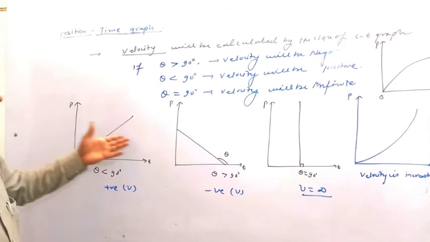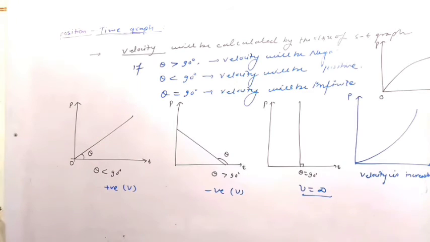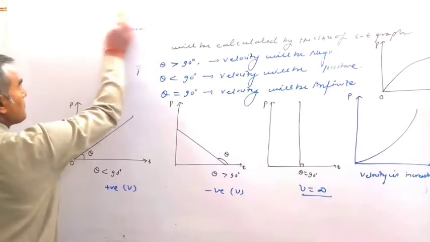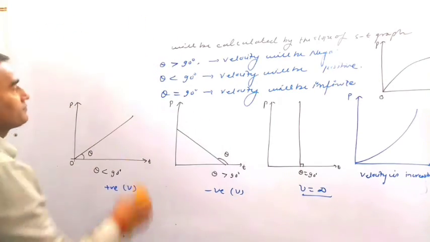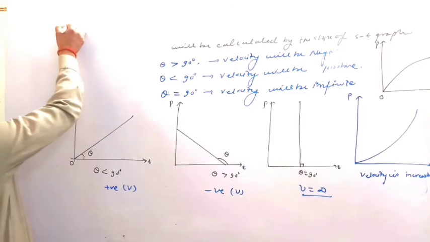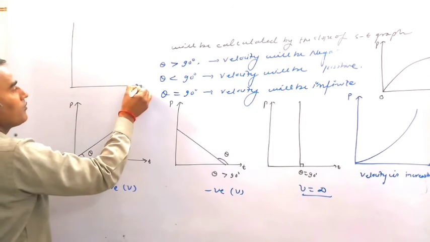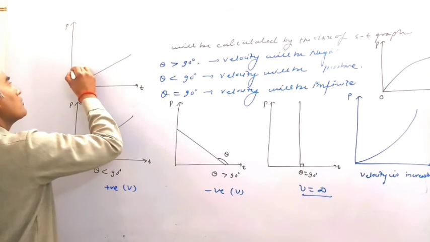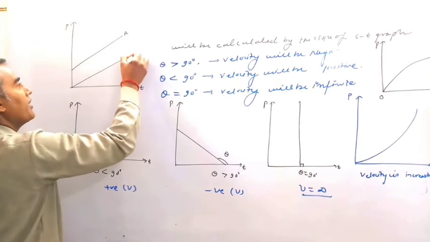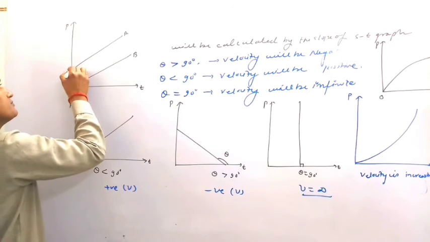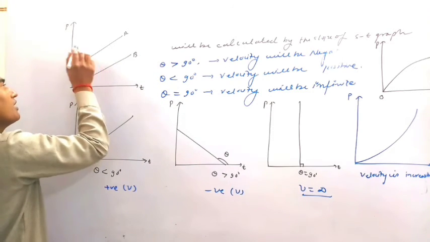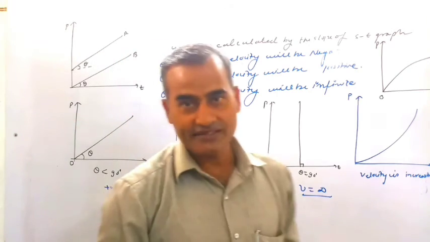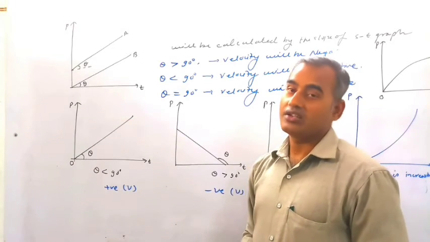So students, these are a few important graphs. Now one more graph can also be written here. Time, position, A and B, theta, theta. So the slopes of both bodies A and B are the same.